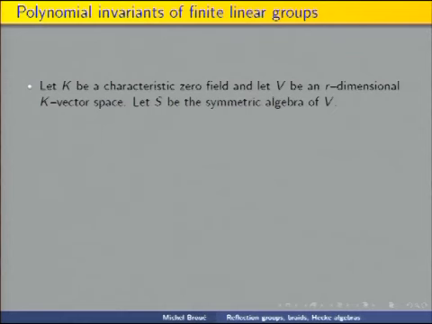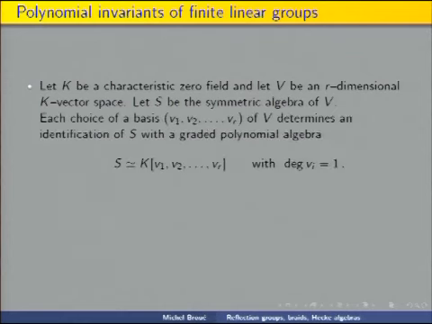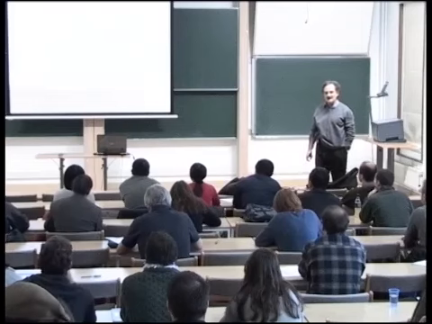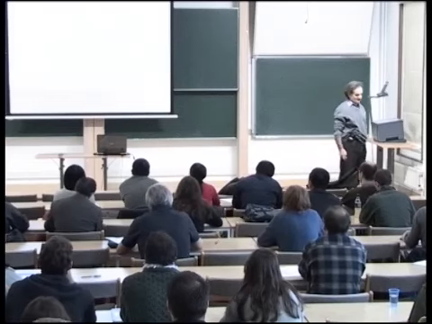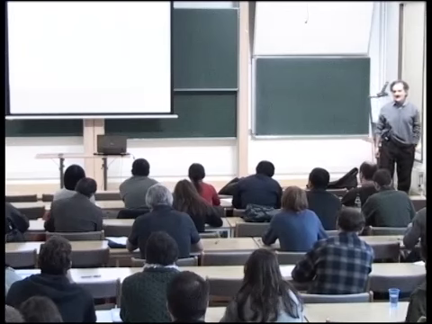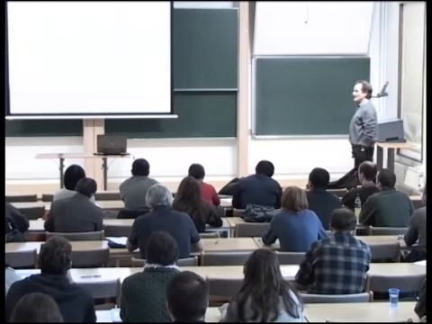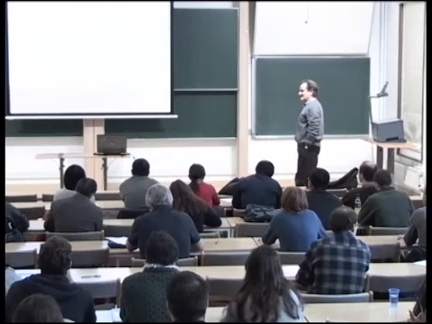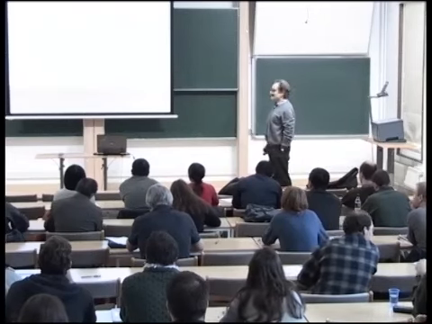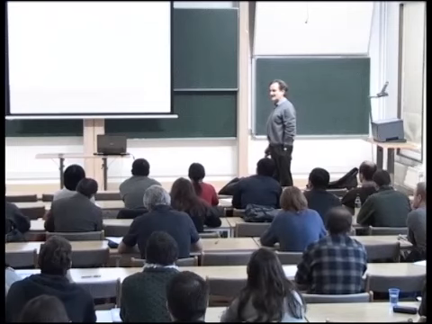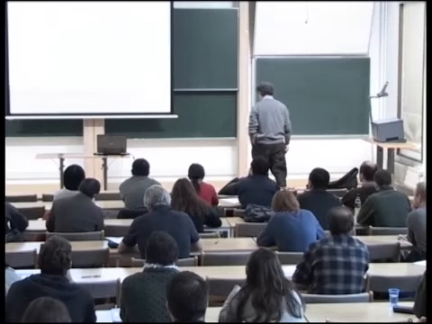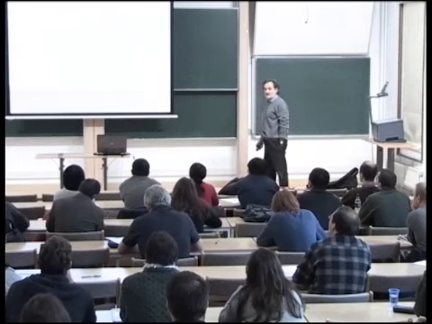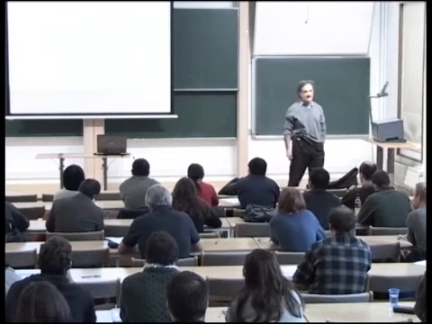Since I'm elementary, I just recall what the symmetric algebra is. For each choice of a basis v1, v2, ..., vr of my vector space, this choice determines an isomorphism of graded K-algebras between S and the polynomial algebra in the indeterminates v1, v2, ..., vr.